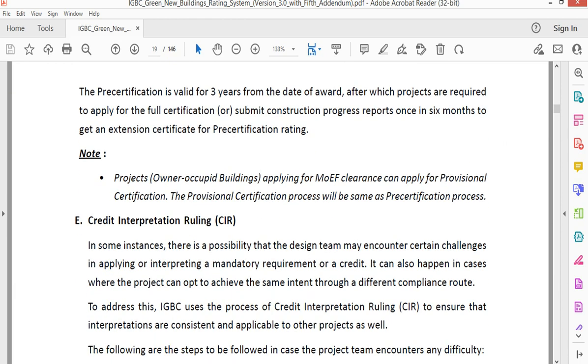This pre-certification is valid for 3 years from the date of the award, after which these projects are required to apply for the full certification or submit the construction progress reports once in every 6 months in order to get an extension for the pre-certification rating.